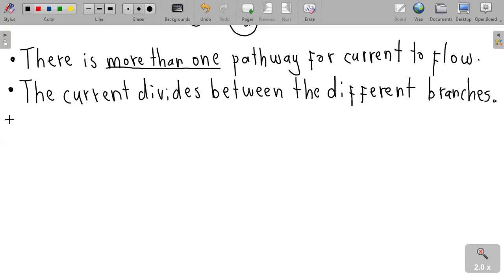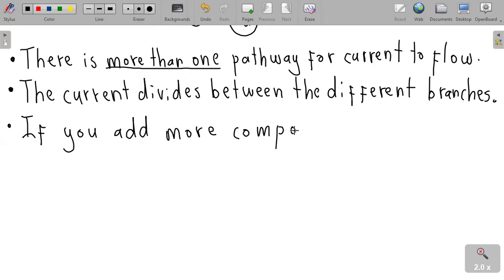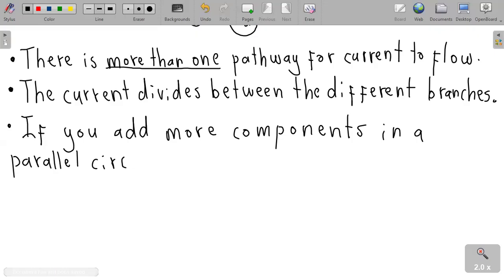And then the third one is that if you add more components in a parallel circuit, the total current will increase.